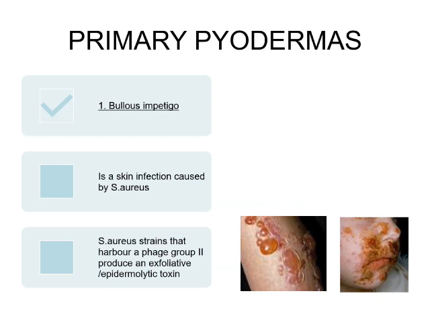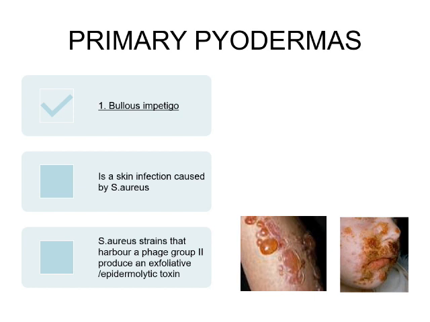The first pyoderma that we will be talking about is bullous impetigo. Bullous impetigo is a skin infection caused by Staphylococcus aureus. It is only the Staphylococcus aureus strains that harbor a phage group 2 that produce an exfoliative or epidermolytic toxin. So this particular toxin is the one that is responsible for bullous impetigo.